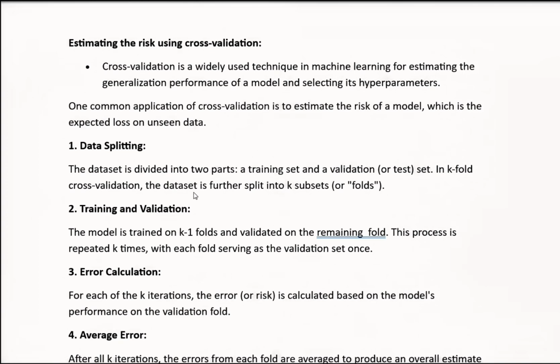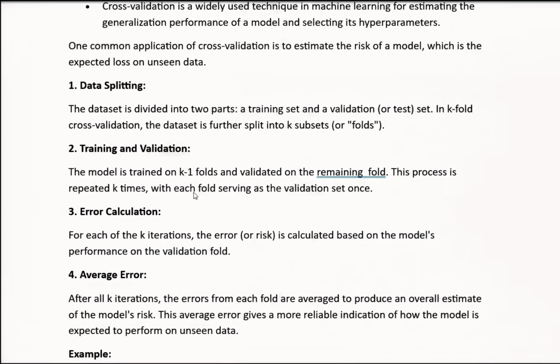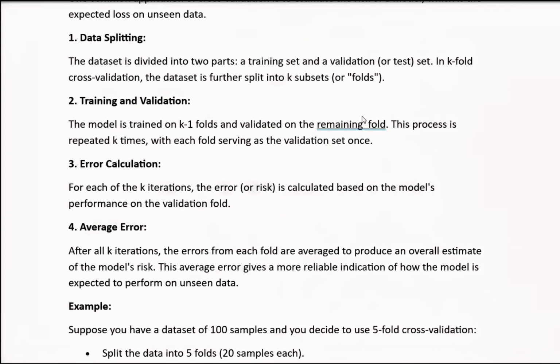Next, in K-fold cross-validation, the data is further split into K subsets. Training and validation: the model is trained on K-1 folds and validated on the remaining fold. This process is repeated K times, with each fold serving as a validation set once.